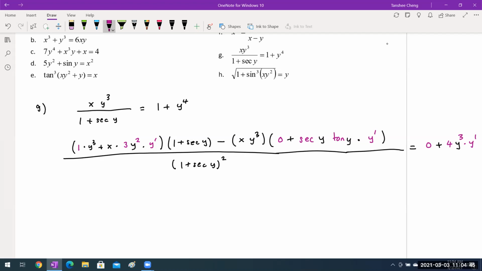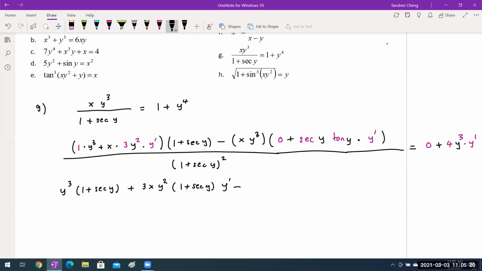Now, what we are interested in is simplifying this complicated function. So one thing that we can do is distribute it so that you can get your y prime term by itself, right? So this will become y to the third power times 1 plus secant y, and then plus 3xy squared times 1 plus secant y times y prime, okay?